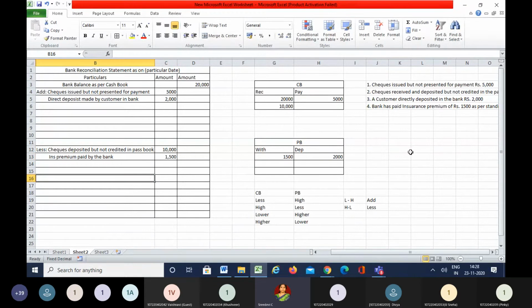Then next we have bank charges debited. So you should understand debited, credited also. Bank charges debited in the passbook, rupees 20. Tell me where it got recorded first. Passbook, withdrawal.